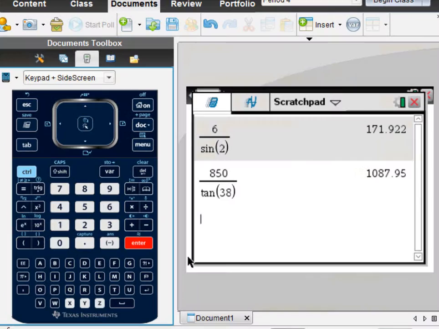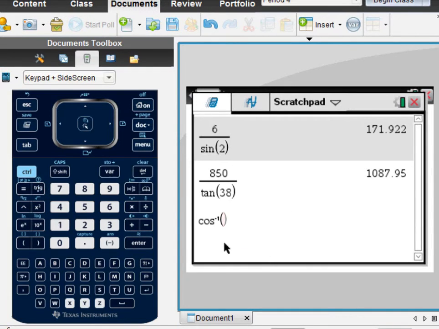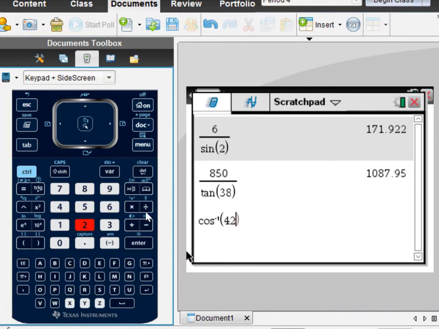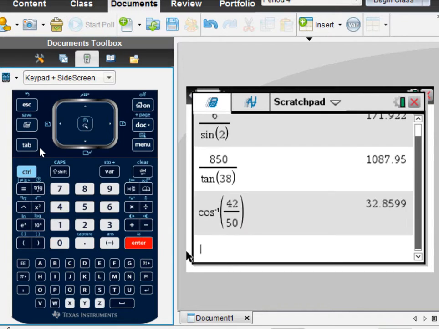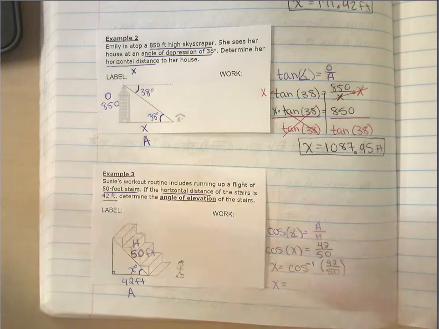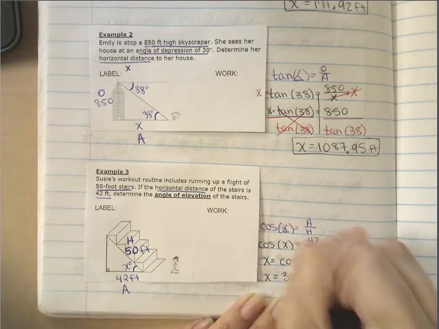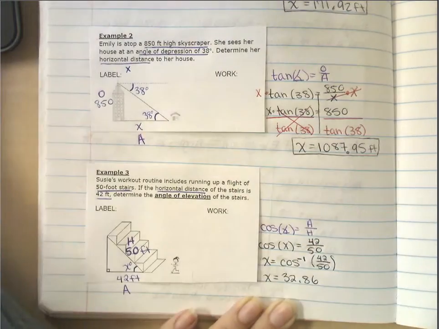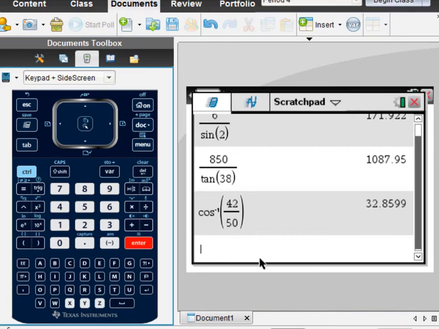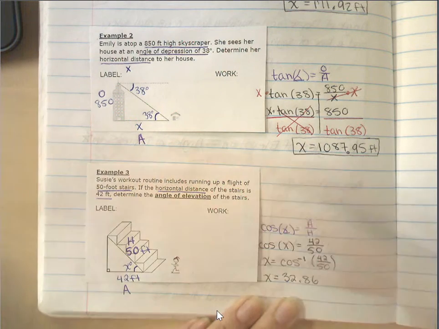So I'm going to go to my calculator and I'm going to type the inverse of cosine of 42 over 50. And I get 32.86 because I'm rounding to the nearest hundredth. So 32.86, yeah. So this would be my answer.